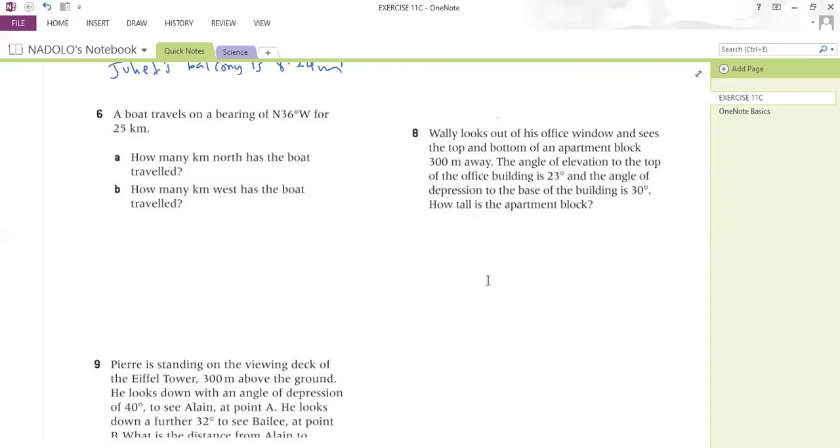So you're going to have a short sketch of that. So you're going to have a very small compass with an indication of north, and then this will be west. So northwest, it means it traveled this side, and it traveled for 25 kilometers.